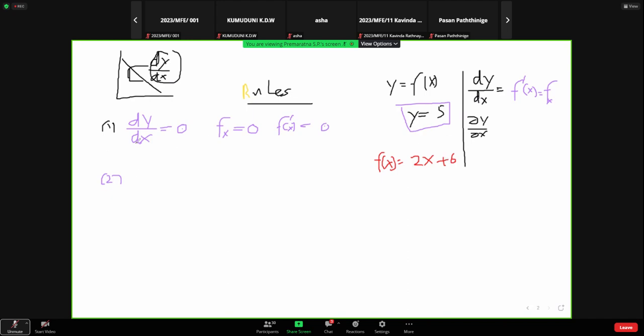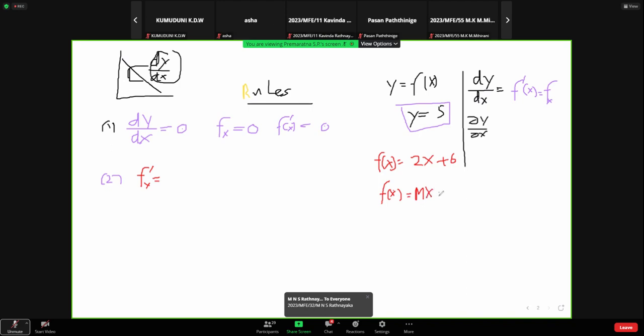Now, when you differentiate the function with respect to x, if I write a general form, let's say with coefficient m, mx plus 6. When you differentiate, the value of x becomes 1, and ultimately the answer comes as m.